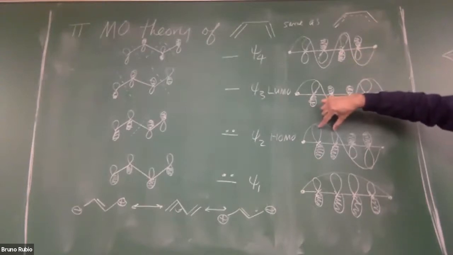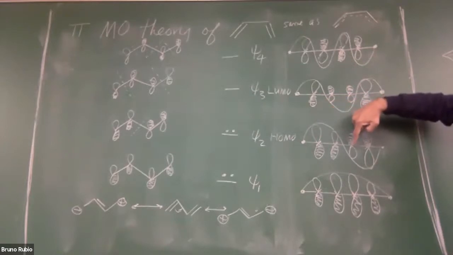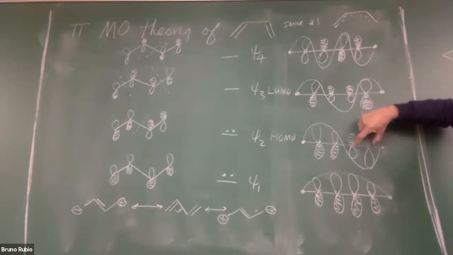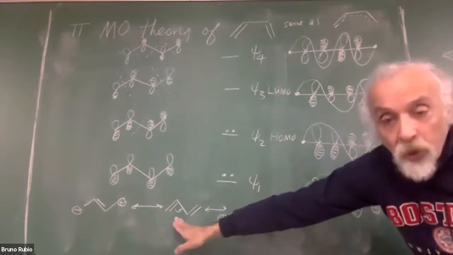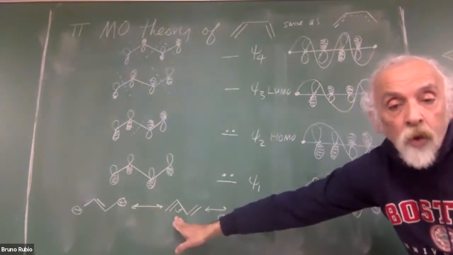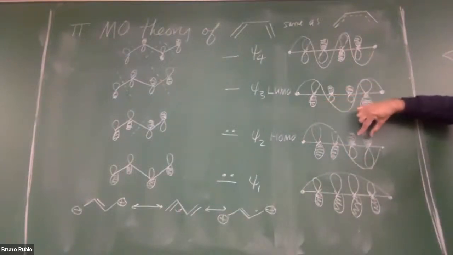a lot of interaction between carbon 1 and carbon 2. And there's a lot of interaction between carbon 3 and carbon 4. This molecular orbital is equivalent to this resonance form. It's saying you have a double bond on the left and a double bond on the right.